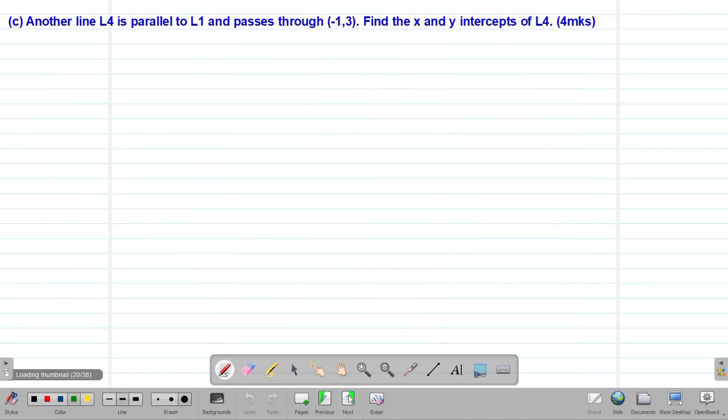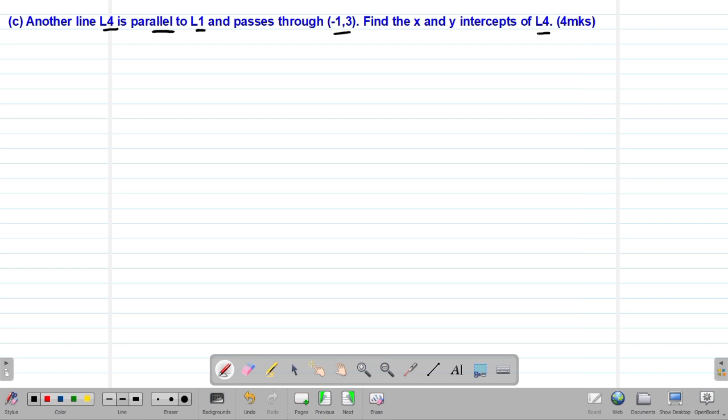Then we move to part C of the question, which states that another line L4 is parallel to L1 and passes through the point negative 1, 3. Find the x and y intercepts of L4. For us to find the x and y intercepts, we first of all need to have the equation for the line L4.